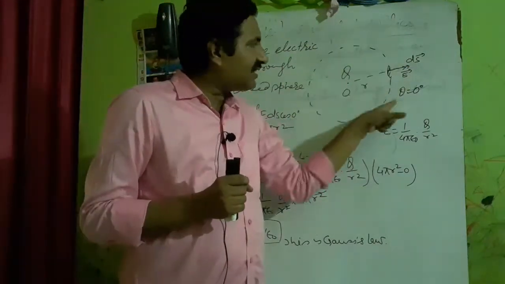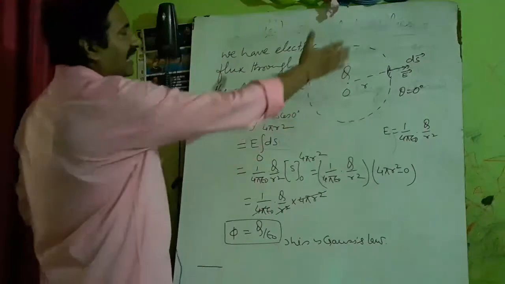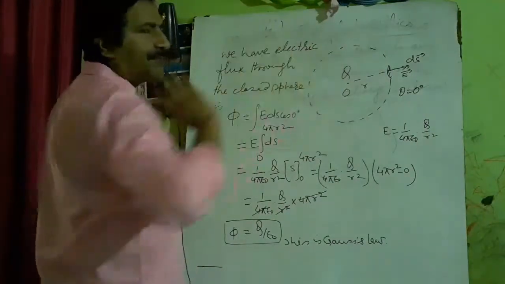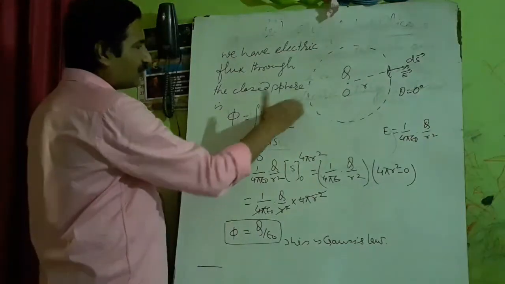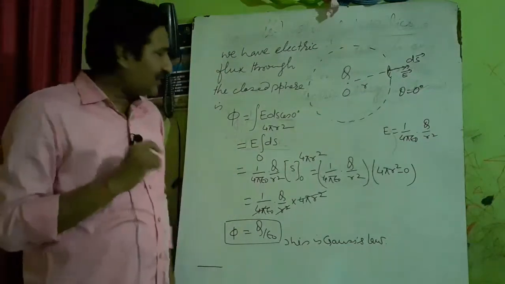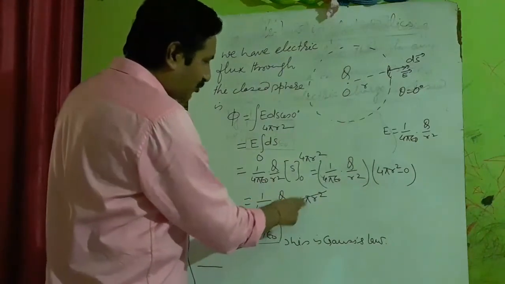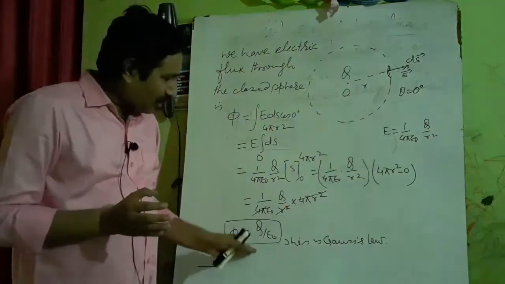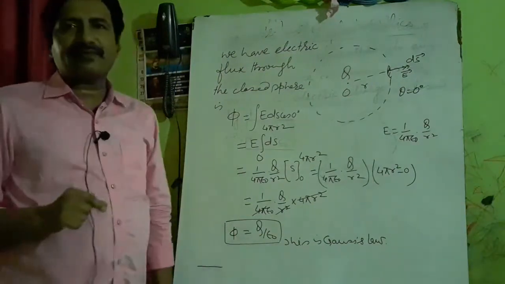Angle between E and ds is 0 degree, you already understand. After then we find the electric flux associated with the surface of the sphere. Phi is equal to integral of E ds cos 0 degree from basic principle. This is 1 by 4 pi epsilon naught q by r square, 4 pi r square, and by solving that you get q by epsilon naught is the total electric flux.